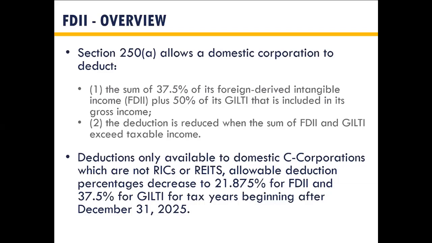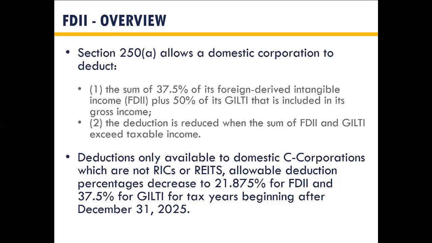It's important to note that this deduction can also be reduced when the amount of FDII and GILTI exceed taxable income. This has come up in a few instances where it looks like we're going to eliminate our taxable income as a benefit for FDII, and it turns out not so much because the benefit exceeded our taxable income.